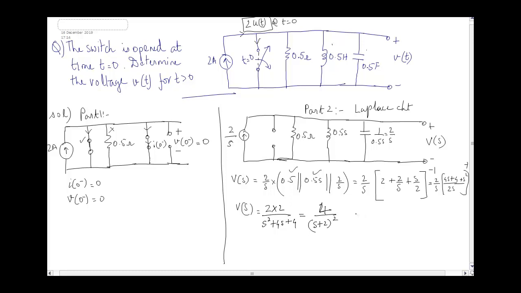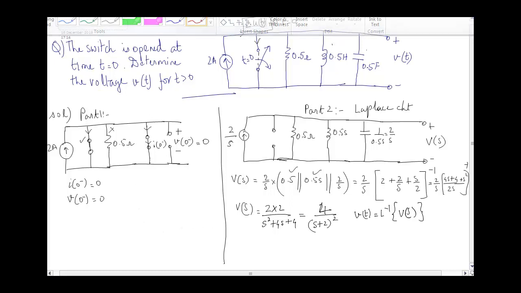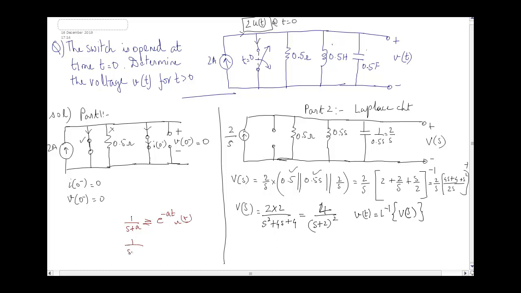Since V of S is 4 over S plus 2 the whole square, V of t will be the Laplace inverse of V of S, and we already know that if you have 1 by S plus A, its inverse Laplace transform is e raised to power minus at u of t. If you have 1 by S plus A square, it is given by t e raised to power minus at u of t.